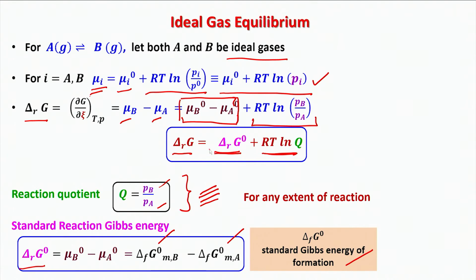Once you know this quantity, and once you know the composition of your equilibrium reaction mixture, you can find out delta Rg. And what is the importance of this relationship? I told you already that it is the reaction Gibbs energy, delta Rg, that decides the condition of chemical equilibrium.